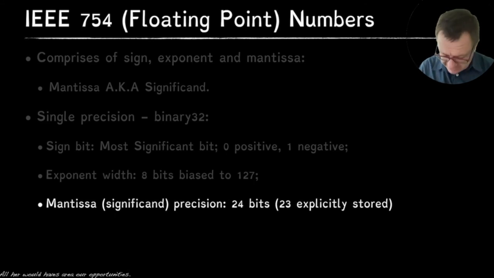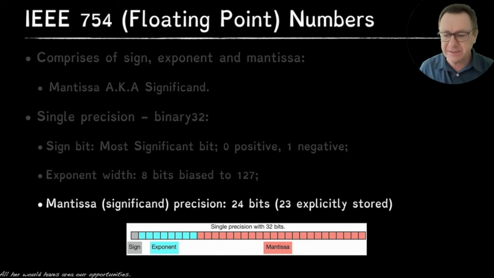We've got our mantissa, our significand, precision 24 bits, of which we explicitly store only 23. Okay, so this is what it looks like when we're doing single precision with 32 bits. We've got our sign, our exponent and the mantissa.